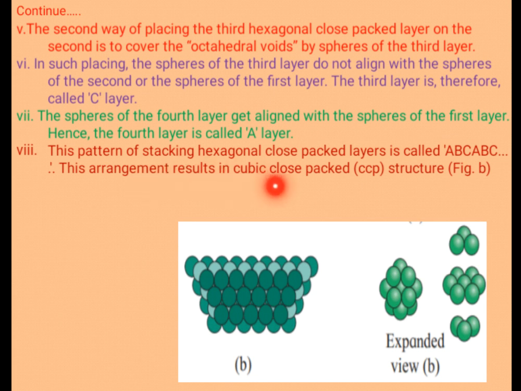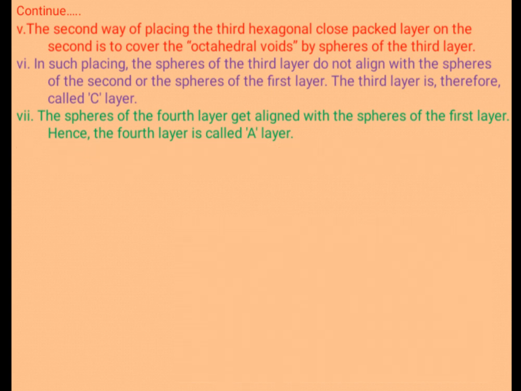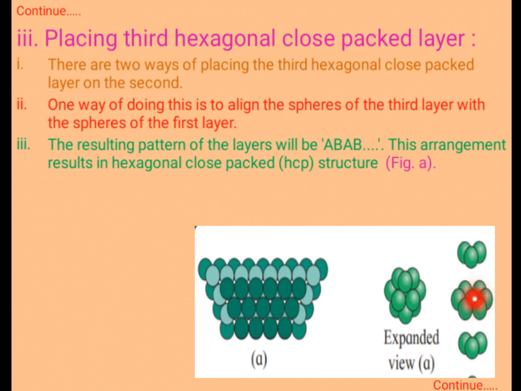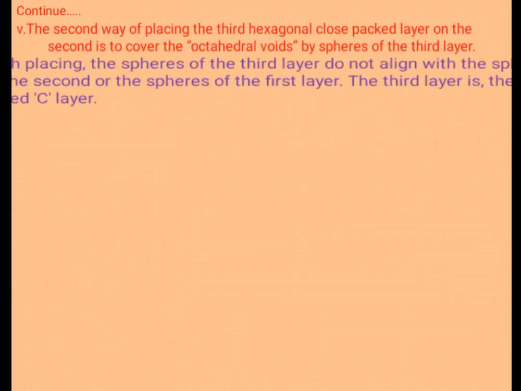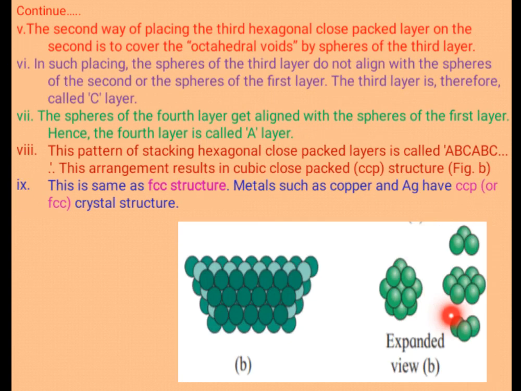This arrangement results in the cubic close packed structure as shown in this figure B. In this case, the spheres of the first layer are exactly opposite each other, but in the case of figure A, both these spheres are the same, aligned with each other, whereas in this structure the layers are different. That means the first layer, the second layer and the third layer are all different.